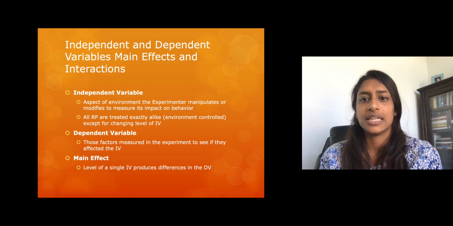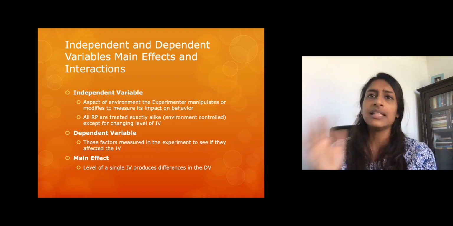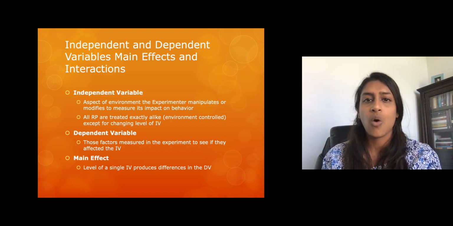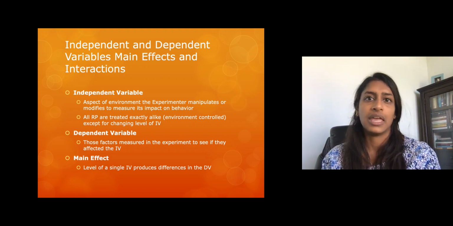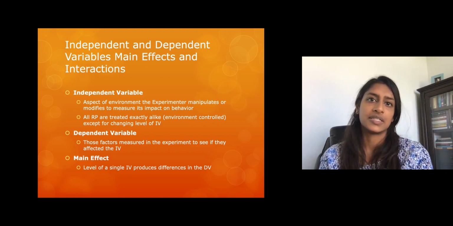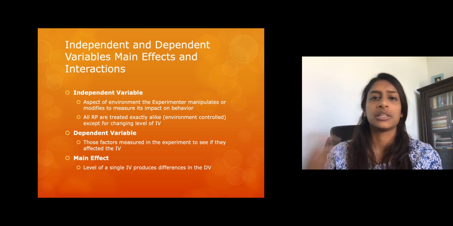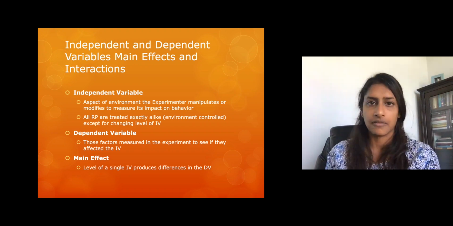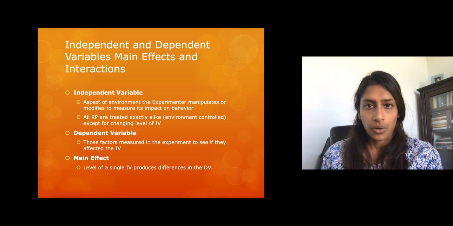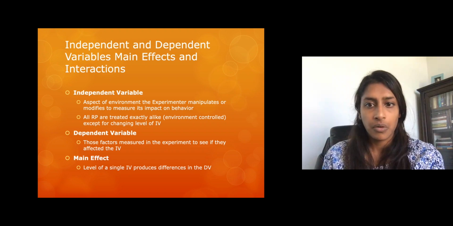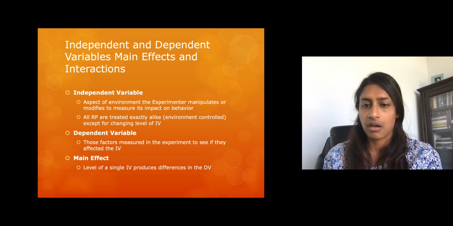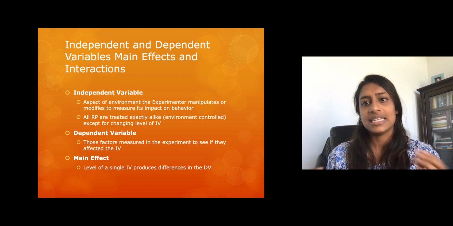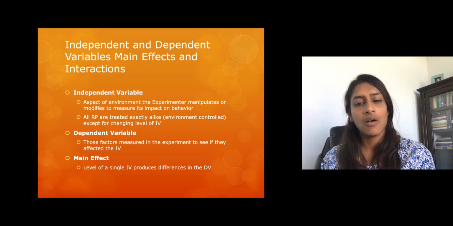So let's take another example here. Let's say I have this brand new program, and I want to see if the amount of time a person spends in this program is related to how quickly they can complete an assignment that I give them. So my independent variable, right, is what I am manipulating, and my dependent variable is going to be my outcome.